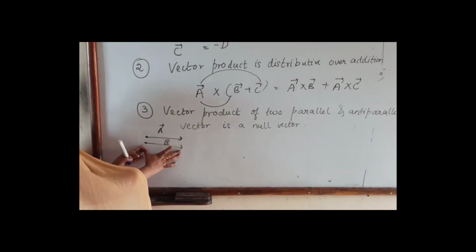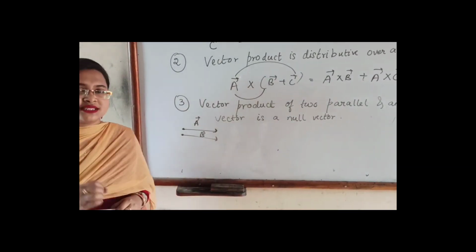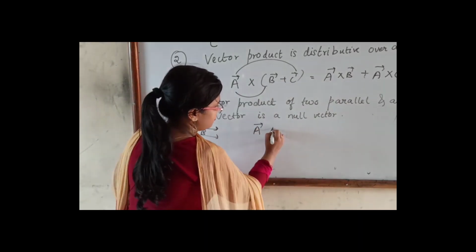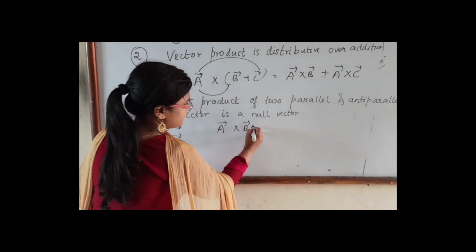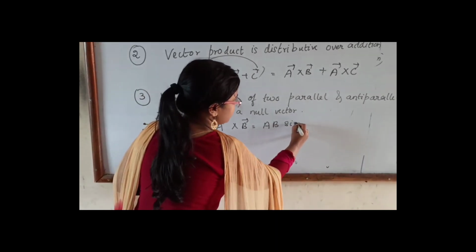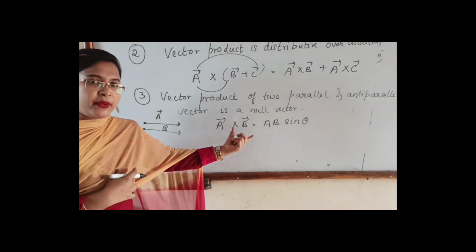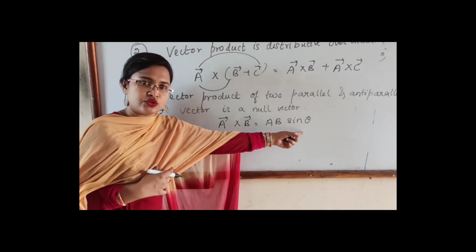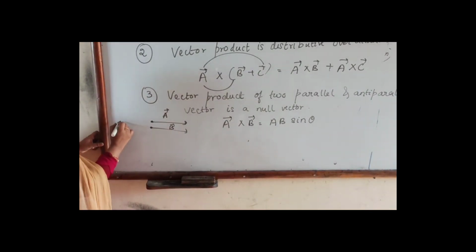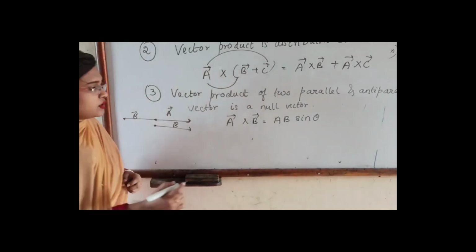Simply, through the parallel shifting of vector B to vector A, the angle formed between them is 0 degree. Clear? So, we know A cross B is AB sin theta n cap. If these two vectors are parallel to each other, theta will be 0 degree. What if they are anti-parallel to each other? Then of course theta is 180 degree.